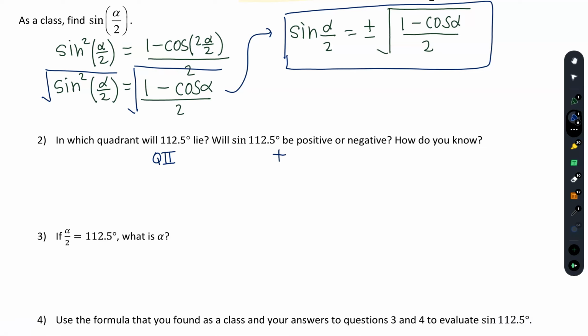It's going to be positive because sine of some angle is positive in quadrant 2. So whatever the angle is, sine of that angle is going to be positive in there. Okay, so what about this one? If alpha over 2 is equal to 112.5, what is alpha?